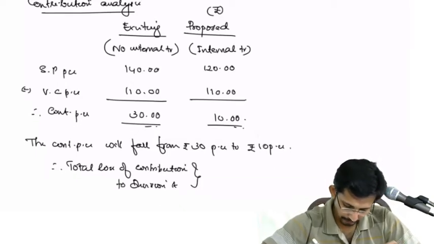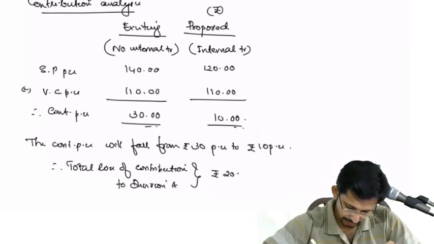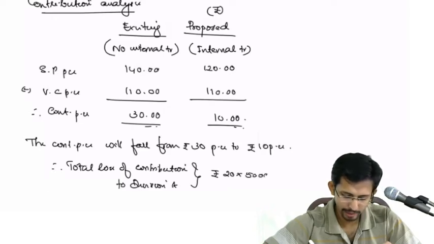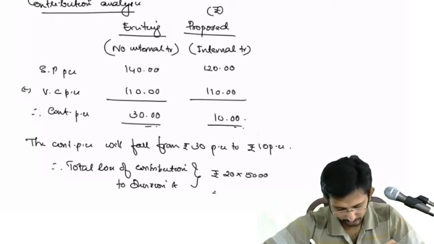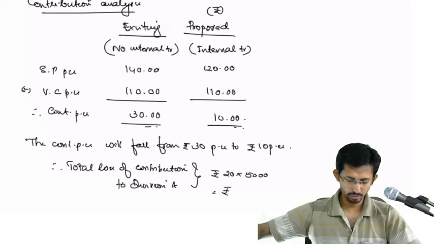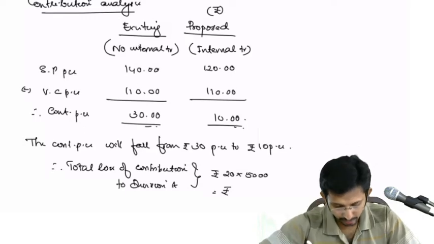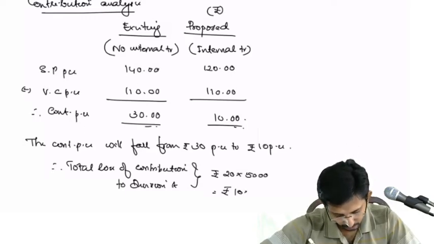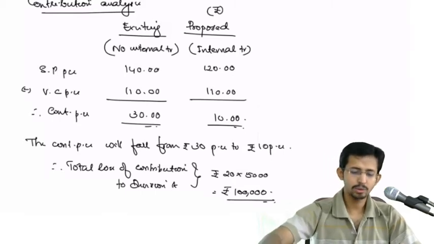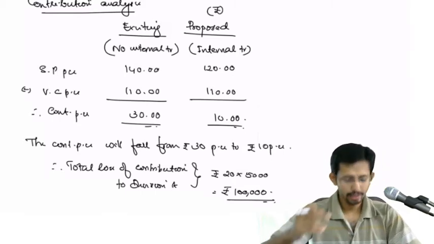It will be rupees 20 into 5,000, which is the sale of units. So 5,000 into 20 will be 1 lakh rupees loss of contribution. Is it clear? So that is from the perspective of the contribution.